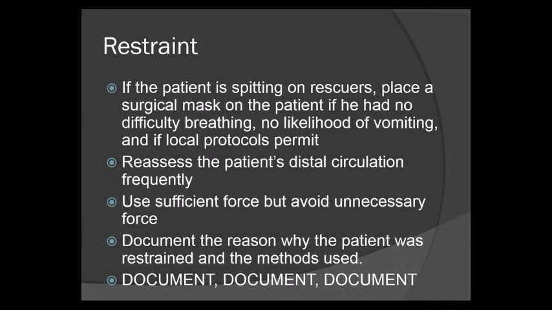If the patient is spitting on rescuers, place a surgical mask on the patient, if he has no difficulty breathing, no likelihood of vomiting, and if local protocols permit. Another thing you can do, put him on some oxygen with a non-rebreather mask. Sometimes it helps calm them down as well.